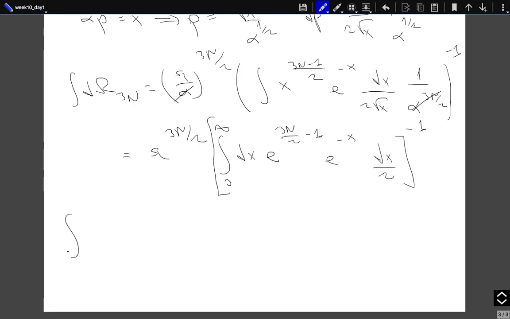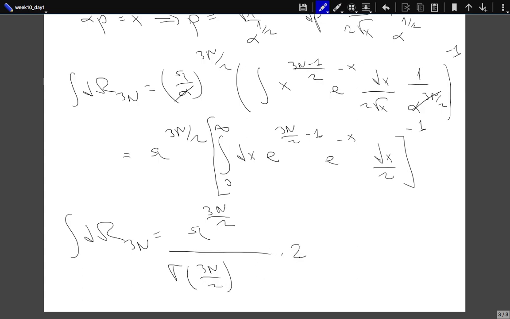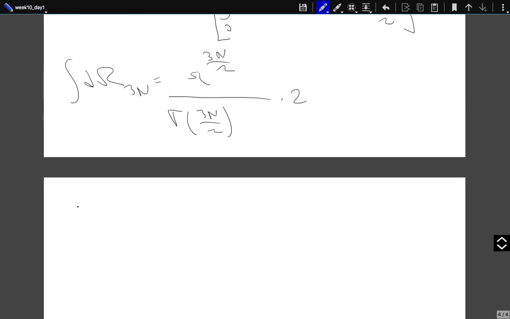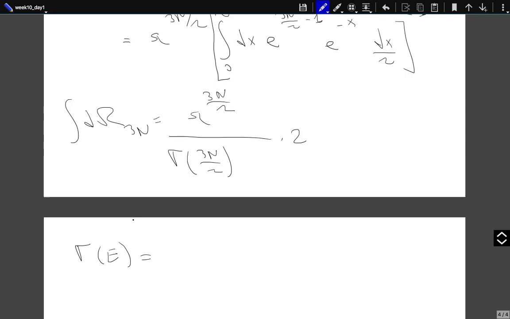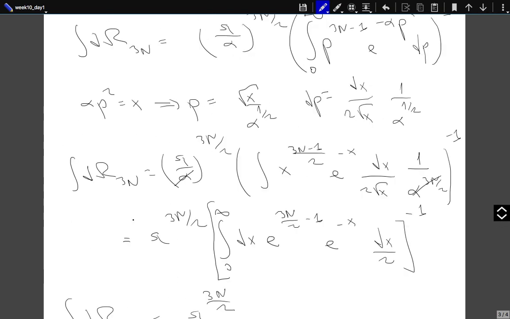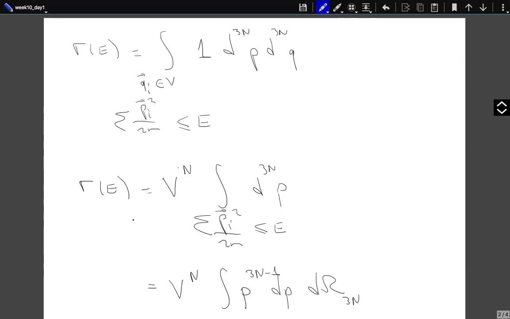So this is pi to the power 3n over 2 divided by gamma of 3n over 2 times 2. Now we know what gamma is. Well, it's the solid angle. Let's go up.